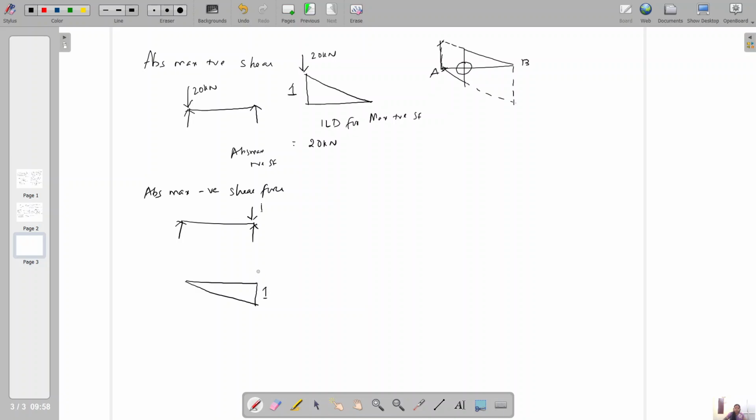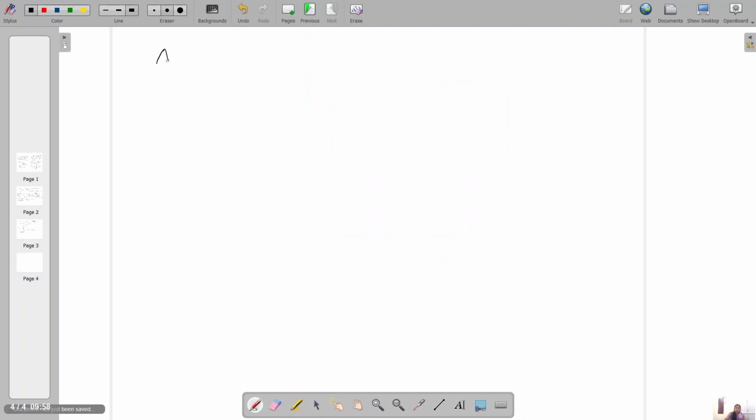So the overall ordinate is 1 and applied load is 20 kilonewton. So what is the value? Absolute maximum negative shear force equal to 1 into 20. You can put minus. So minus 20 kilonewton. Okay. Next one, absolute maximum bending moment.